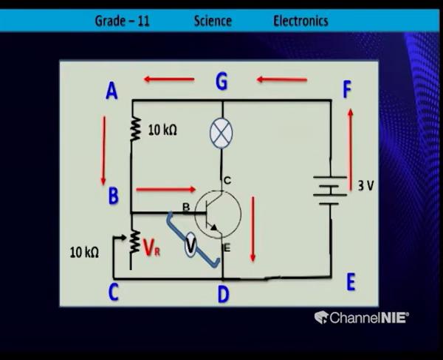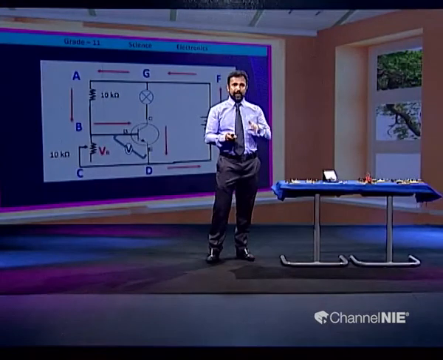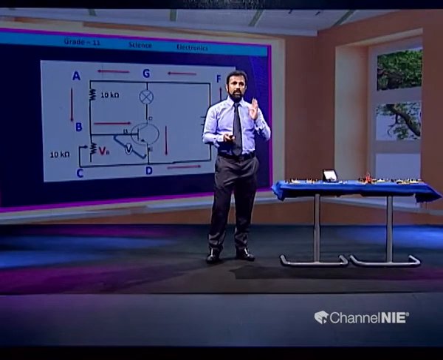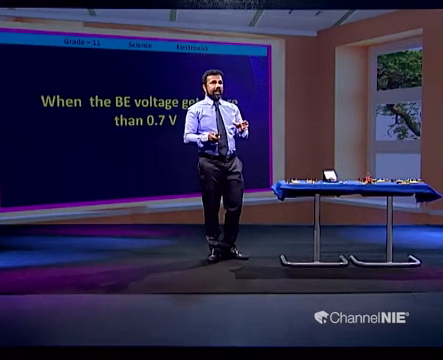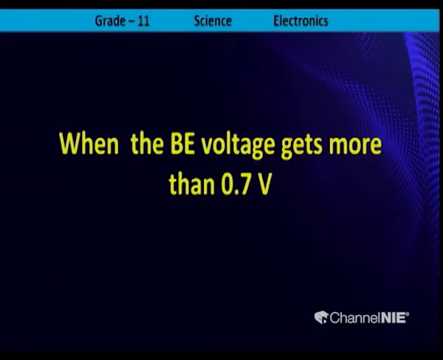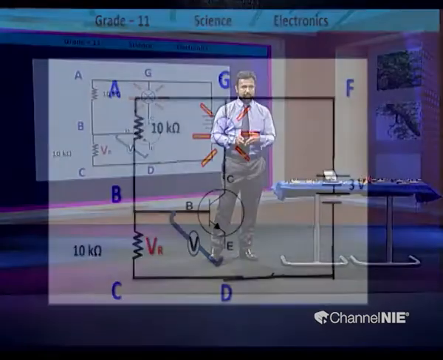Here current does not pass through the C. Current passes towards the transistor as the base current, from the transistor to the emitter D, D to E to the dry cell. Right. When the BE voltage gets more than 0.7 volts, what will happen?